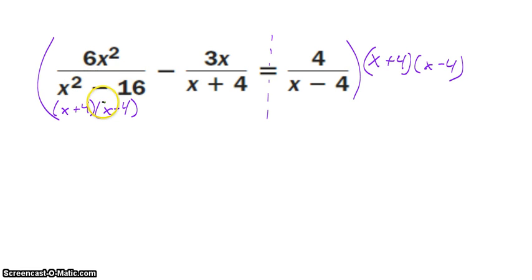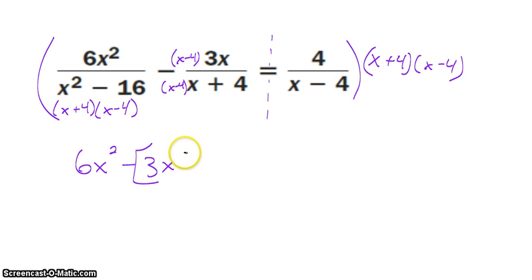This denominator already has both pieces, so I'm just left with the 6x squared. I've got a minus sign, so I've got to watch out for that. So I've got a 3x, and here I'd have to multiply by x minus 4 over x minus 4, so I've got to make sure that gets distributed to my 3x.